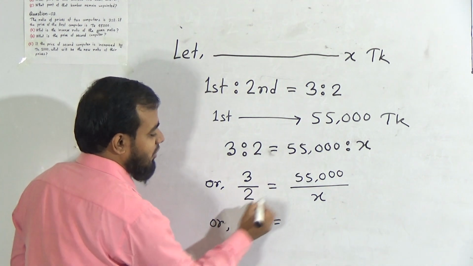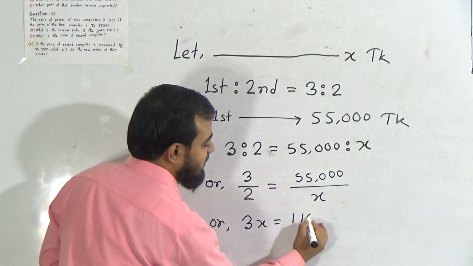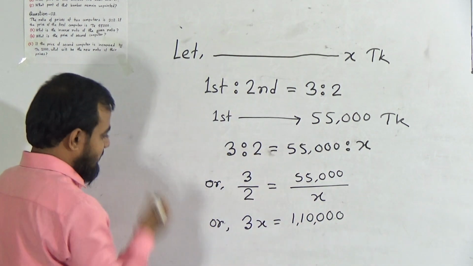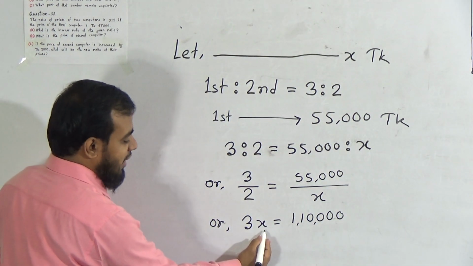Multiplying these, we will get 1,10,000.